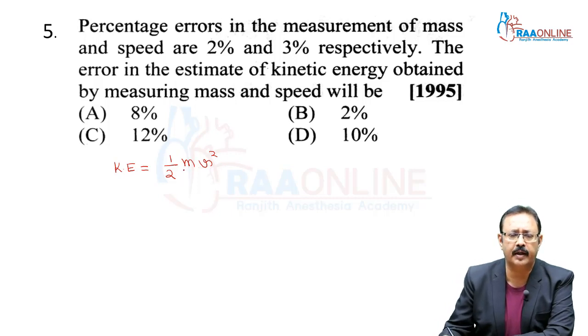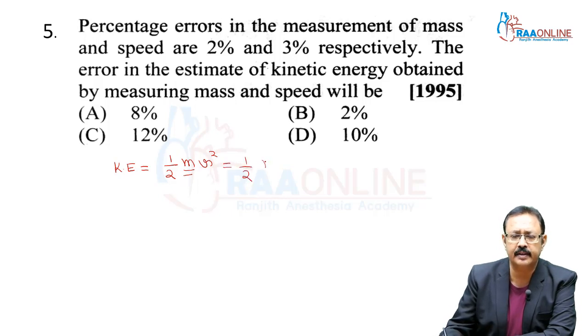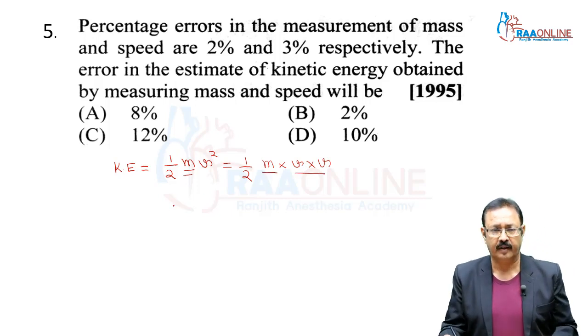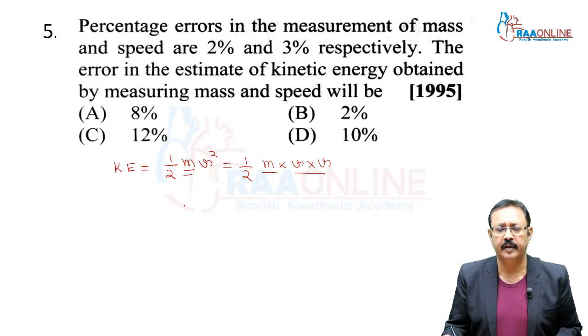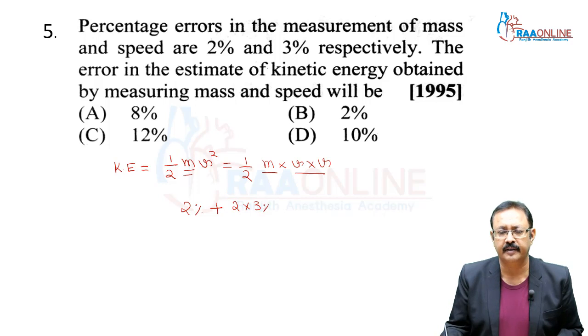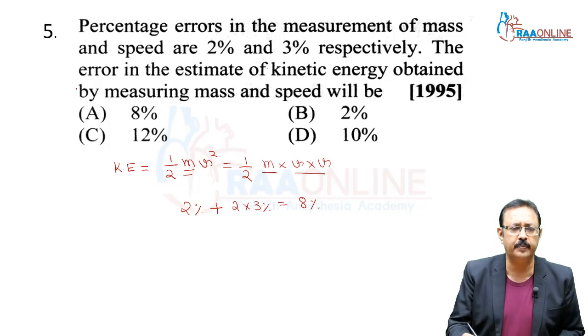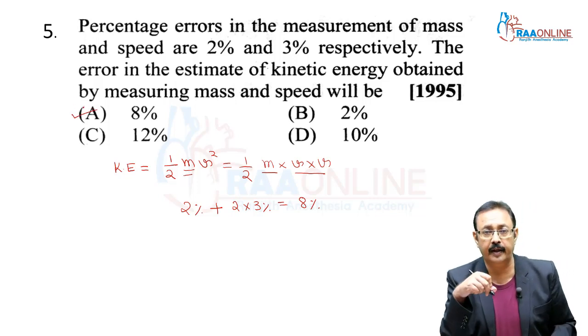Means we have to measure mass once but velocity twice. So we will make error 3 times, 2 times in v and 1 time in m. So error in m is 2%, error in v 3%. So 2 times means 2 times 3%. So 3 into 2, 6 plus 2, total error should be 8%. So we are going with option A.